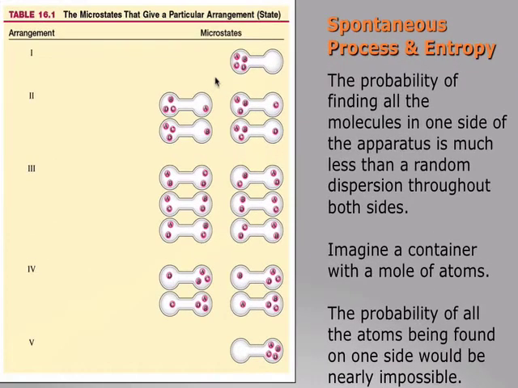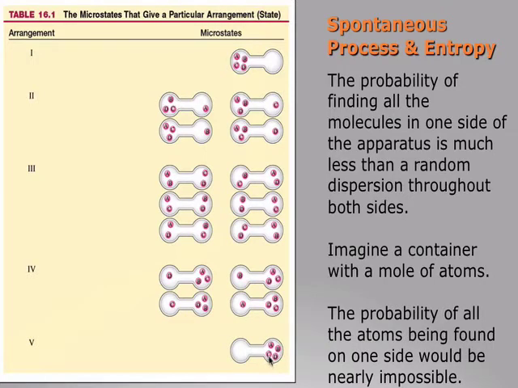What they're giving you, they're calling it a microstate, but if you think of each of these as just atoms or molecules, you can see how many different arrangements are possible. But there's one here that has them all in the left-hand bulb and one here that has them all in the right-hand bulb. And so what we can see is that a random dispersal of the molecules is much more probable than finding all the atoms or molecules, whatever these are, in one bulb or the other.